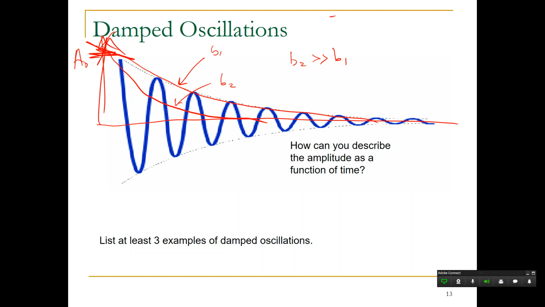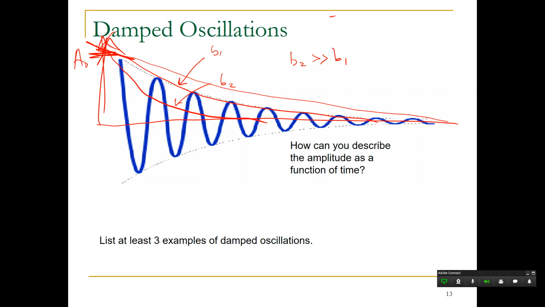Not as fast. So what would the graph look like, just the amplitude graph? Yeah, it would be less steep. And then you would use those shapes to model your oscillations. We're going to have to talk about our oscillations because the frequency is going to be changing as well.